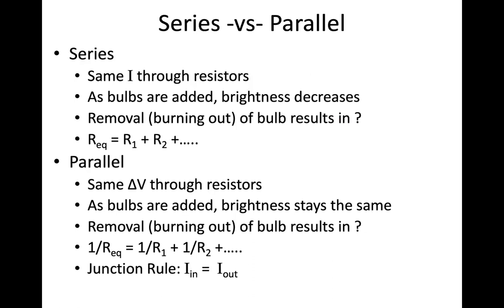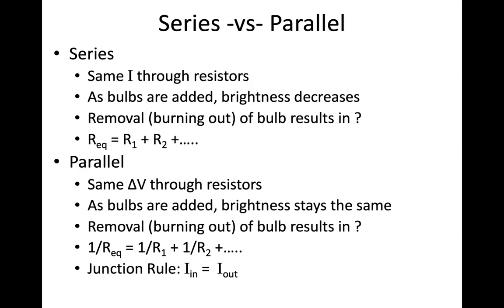Now in parallel, what they're sharing is the same height of that waterfall. Each branch has to drop back down to the ground, so they all have the same delta V. And as bulbs are added, the brightness stays the same if they all have the same resistance.